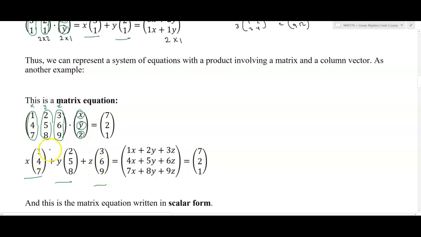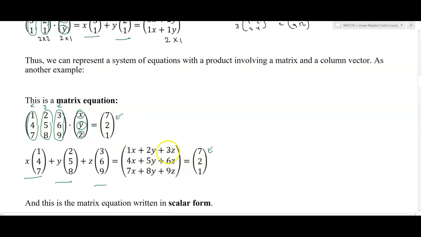And then we're going to add the vectors. So we just add the components of the vector. So 1x will add with 2y and 3z. 4x will add with 5y and 6z. And then 7x will add with 8y and 9z. And remember, that's equal to this vector over here.